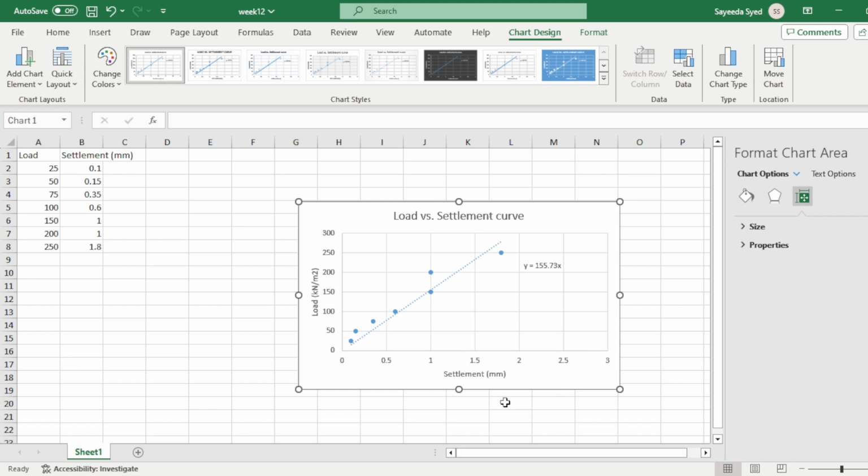Now after plotting this, we get the slope of this plot.